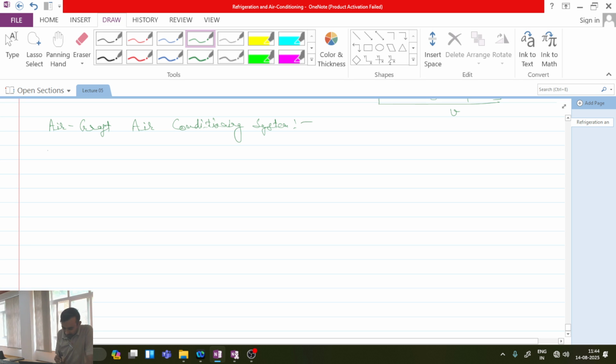So first point is population density is large. So because of large population density of occupants, we will be having heat generation.